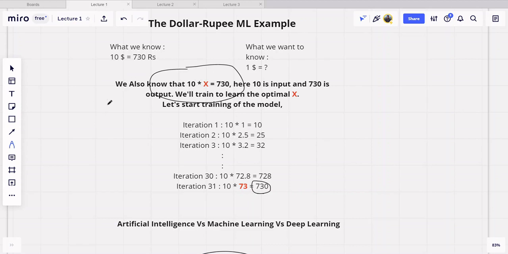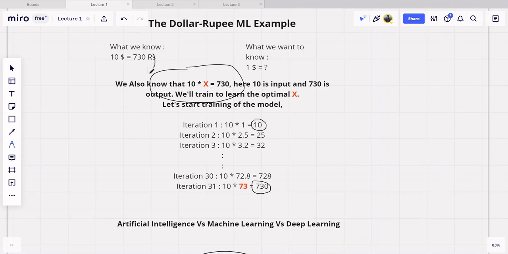The simplest thing we can do is start at 0 and gradually increase the value of x. Okay, so let's start with 1. Let's say x is equal to 1. Now here we'll multiply the input with x. So 10 multiplied by 1 is equal to 10. Now the output that we got is 10, but we know that the correct output is 730.